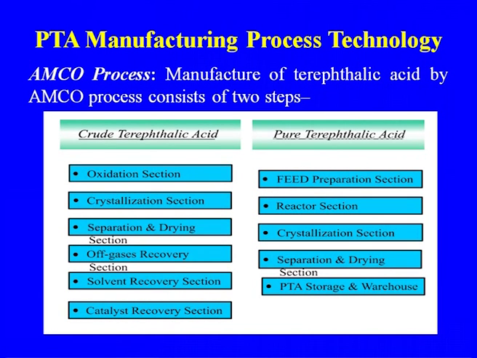This is the AMCO process: oxidation, crystallization, separation, drying, off gas recovery, solvent recovery, catalyst recovery, and for purifying, the feed preparation, reactor section, crystallization, separation and drying, and the PTA stage. Here we do not have the sublimation process that is there in the Mobil process.